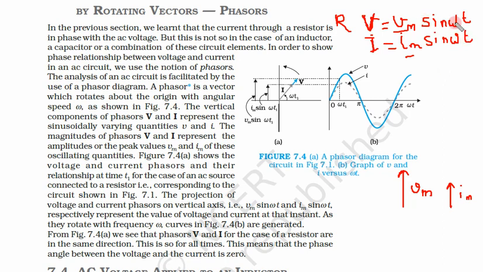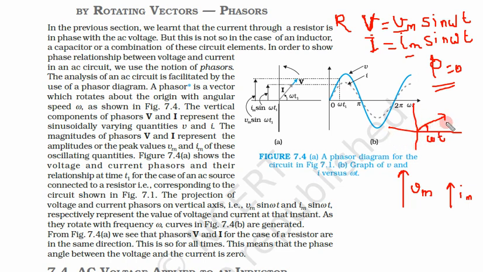Can we see a phase here for a resistor? No, phi is equal to 0. So if we put this phasor, there will be no phase. Let me put this I here. Suppose at any time, omega t, this is rotating with frequency omega.